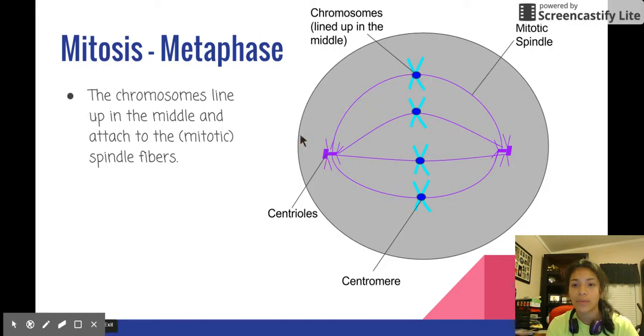They have to attach to both sides of the chromosome, so they attach to the centromere, technically. And once they're attached, the chromosomes line up in the middle, or the equator, of the cell, like shown here.